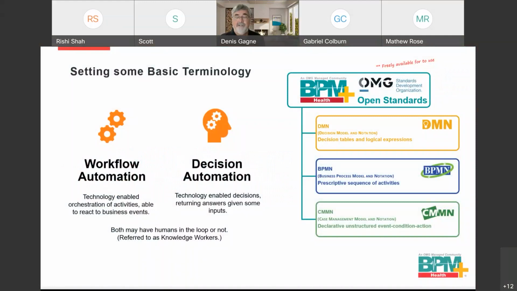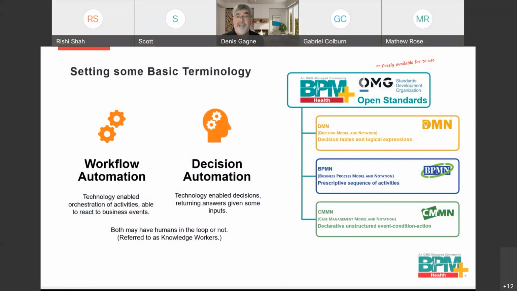So just a little bit of terminology setting for those of you that are new to this group or to this terminology. So we're talking about two main concepts here. One is workflow automation, the other one is decision automation. And by workflow automation, we mean very broadly the technology that enables the orchestration of activities able to react to business events.